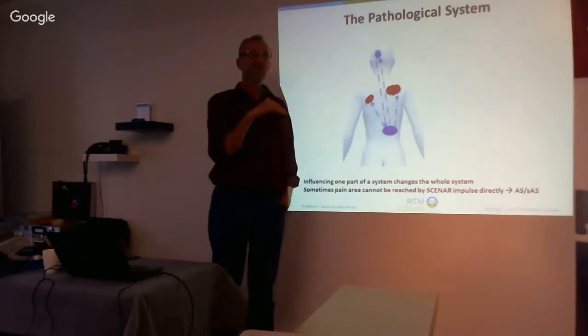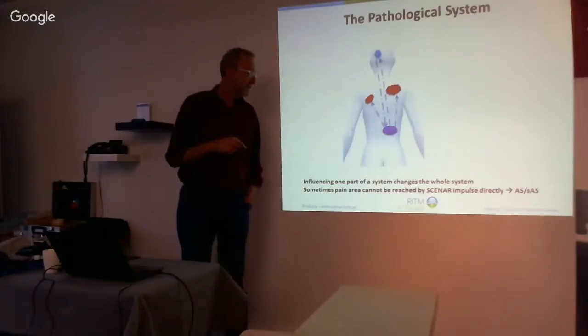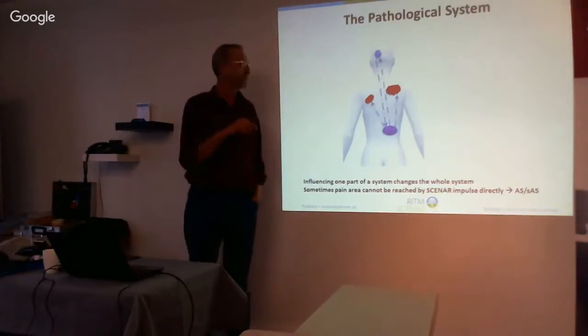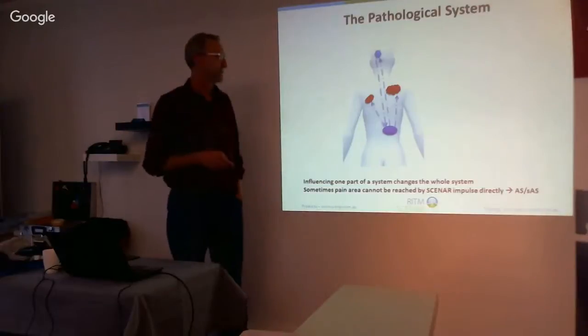It does not reach the kidney. However, if you treat this area here, which has spinal connections to the spinal nerves there, then these spinal nerves actually can do changes in the kidney area in order to achieve a healing process.